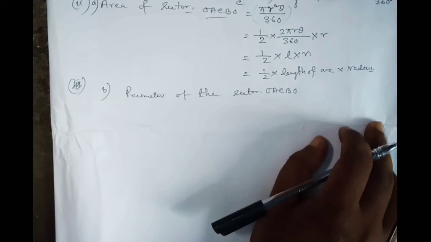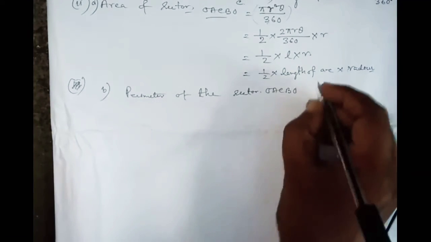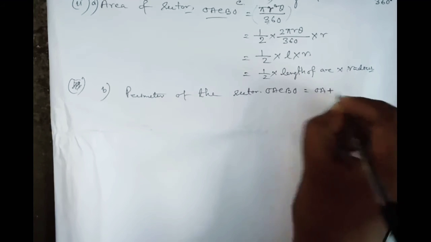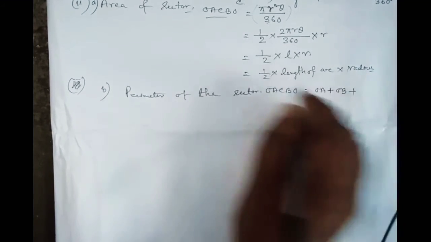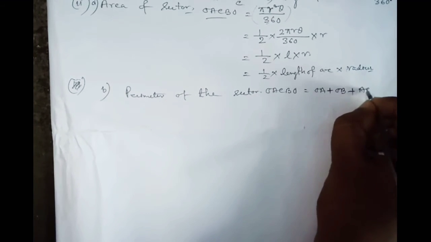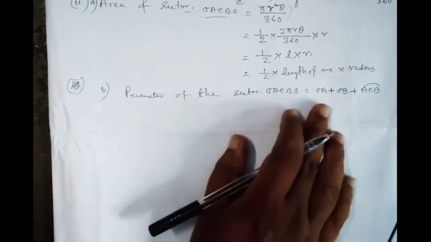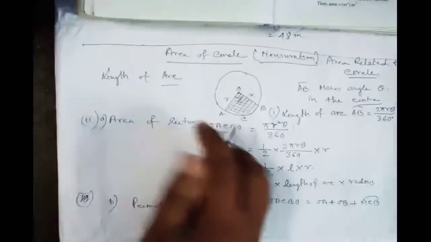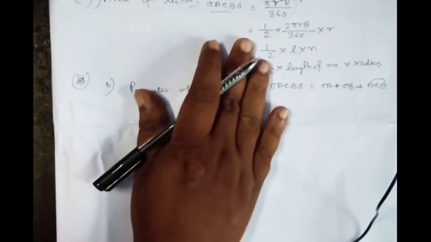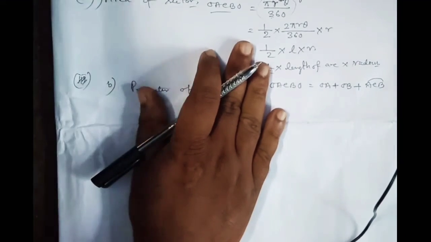So perimeter of the sector equals OA plus OB plus arc ACB. This is the perimeter of the sector.